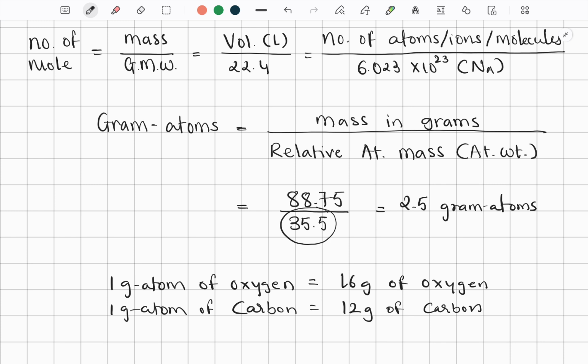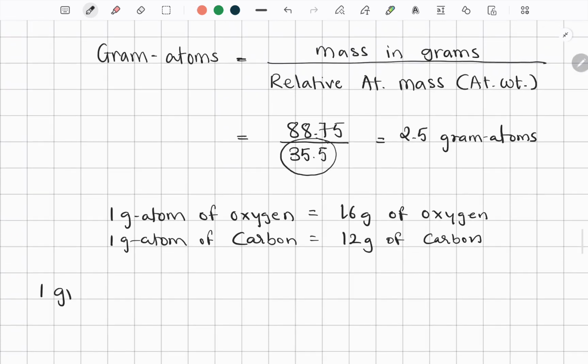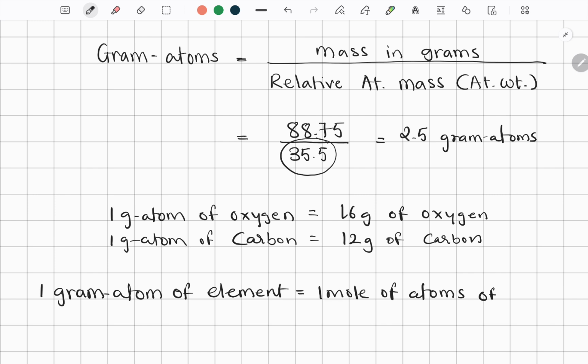So basically we can say that 1 gram atom of an element is equal to 1 mole of atoms of that element.